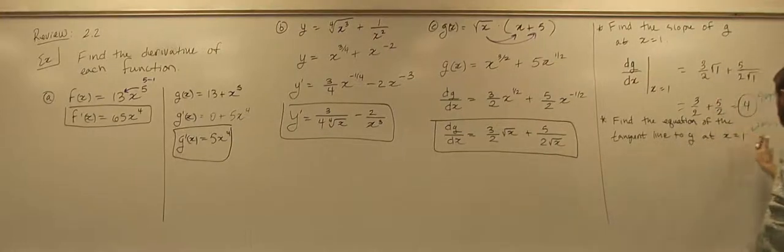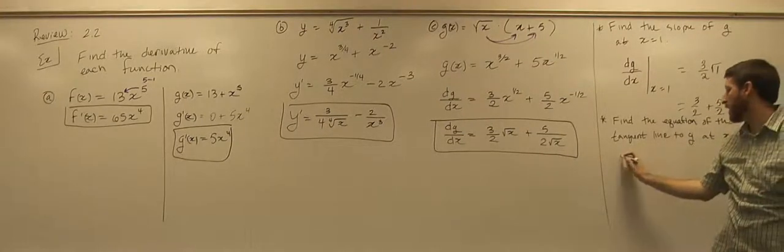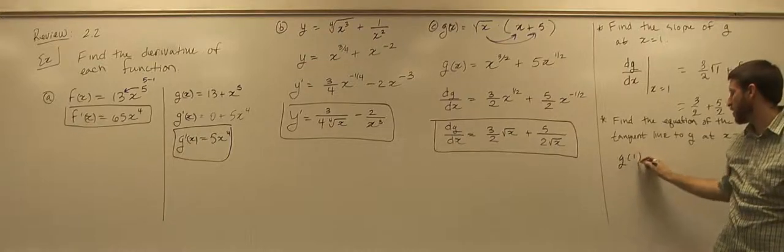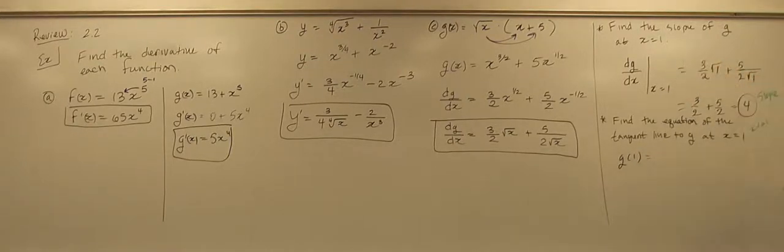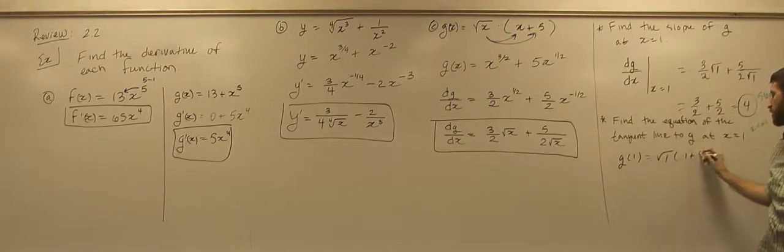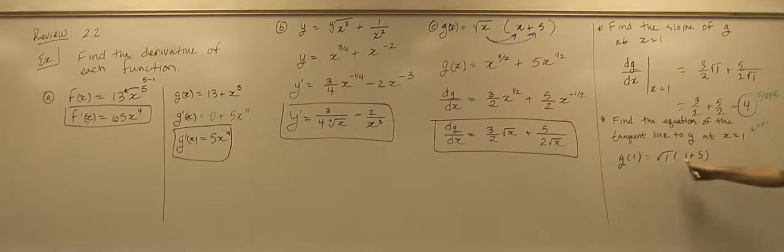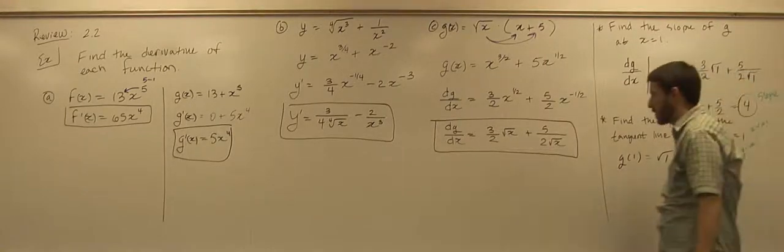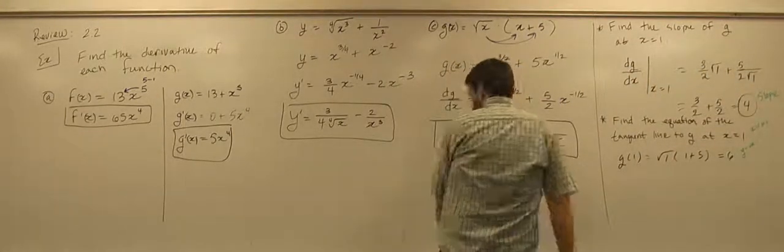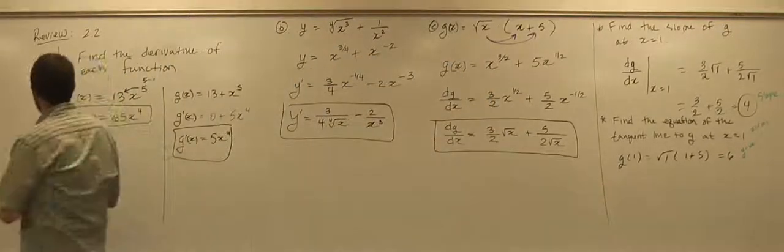So to finish off my point, to find the y value of my point, I'm going to have to calculate regular g of 1, right? The original g function of 1, which will be root 1 times 1 plus 5, root 1 times 6. So this is my y value. So now I have a slope and a point. Once you have a slope and a point, the equation of a line just comes from a formula.